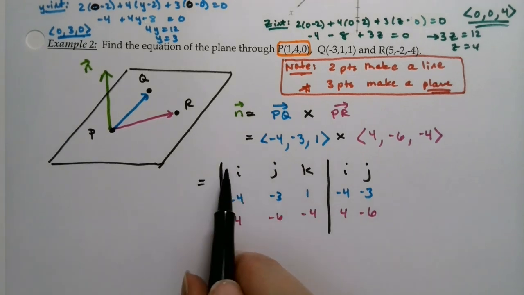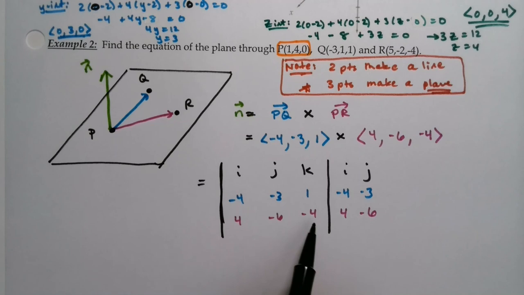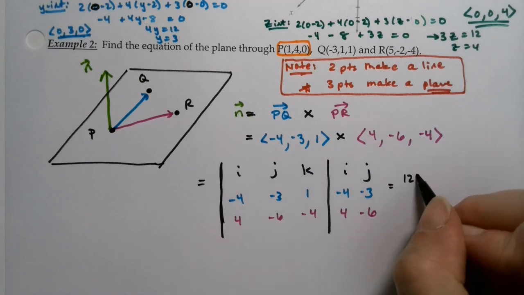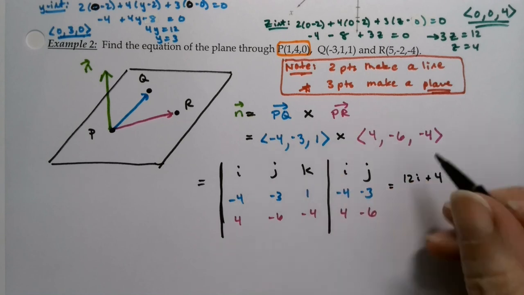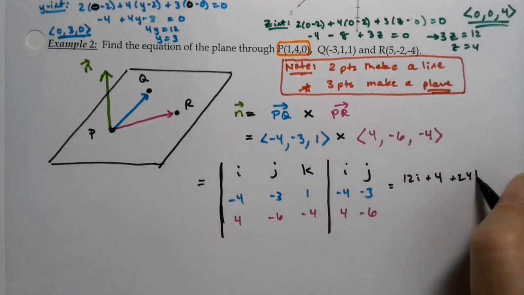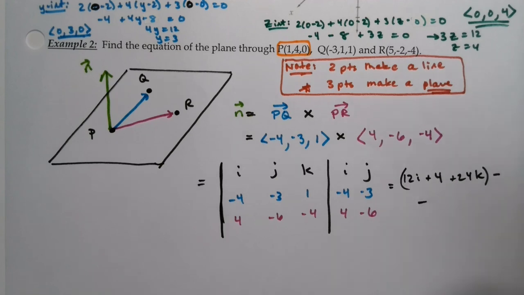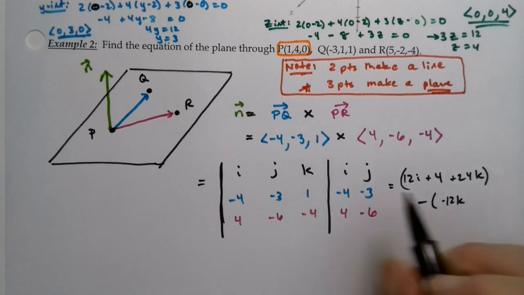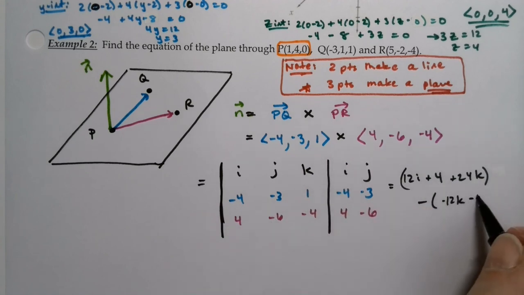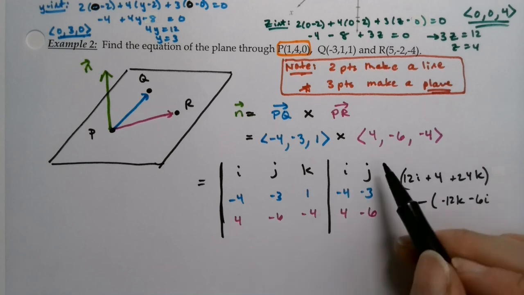All right, so diagonal, it's 12i, and then 4j, right, 4 times 1, and then 24k, minus, actually I'll put the minus down here, and then going backwards, negative 12k, negative 6i, and 16j.